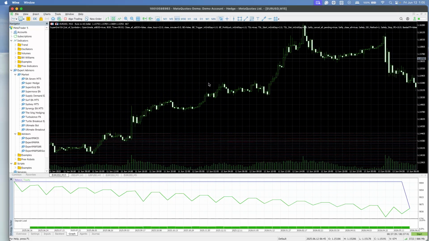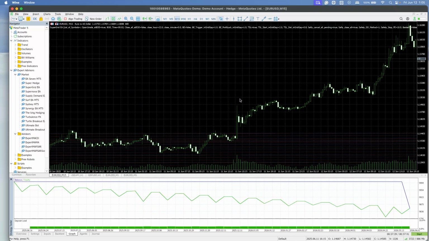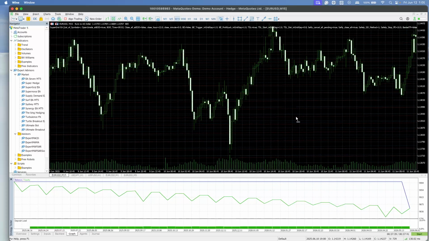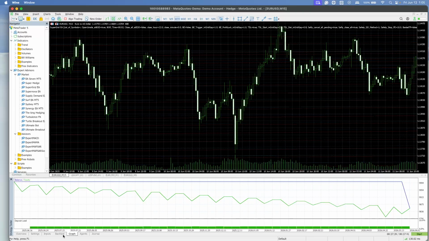Basically, I guess it held on till the end of the backtest session, because as you can see, we didn't close any trade. The balance remained the same until it closed almost toward the end of the backtesting session. So with the way it works, it's not really efficient. I can't really recommend this.